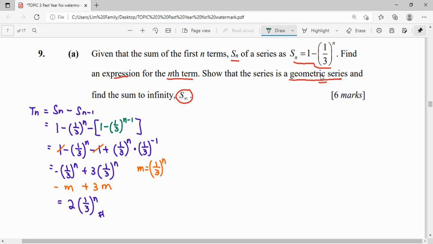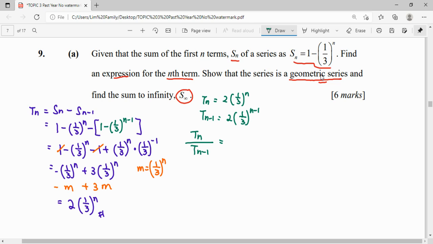For Tn, we already have it: 2 times (1/3)^n. For Tn-1, it will be 2 times (1/3)^(n-1). So to make sure this is a geometric series, I will try the division of Tn divided by Tn-1, to see whether we are getting a common ratio, a constant, or not. If we get a constant here, this series is a geometric series.